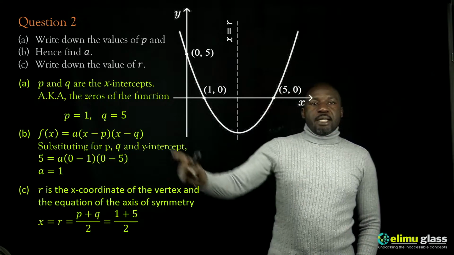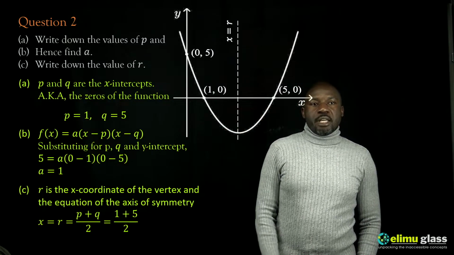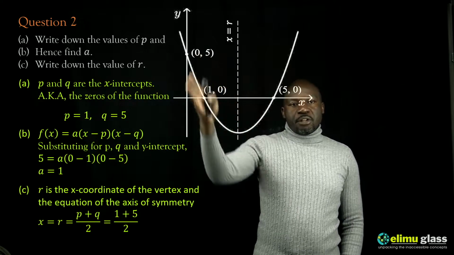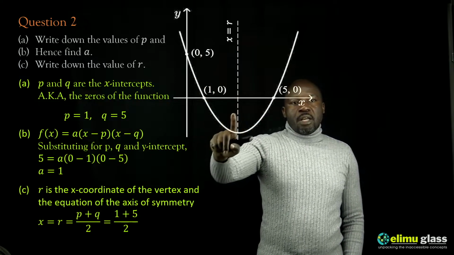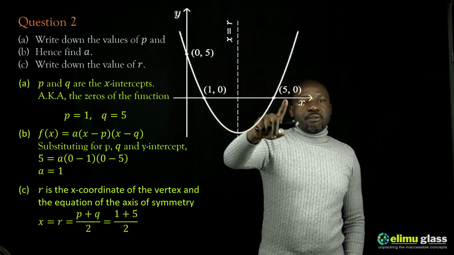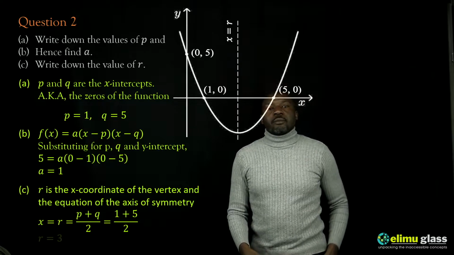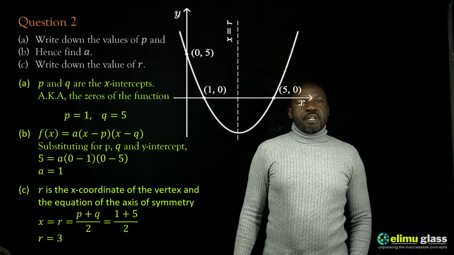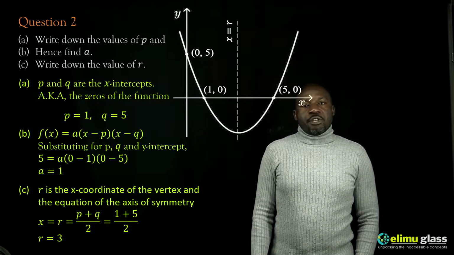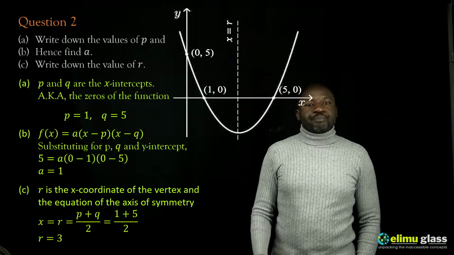We find it by taking p plus q, which are the values of x there, and then we divide by 2 because the graph is symmetrical about this point. So this point has to be right in the middle between 1 and 5. And that gives us a value of 3. So the equation for the axis of symmetry is x equals 3. The value of r is 3.